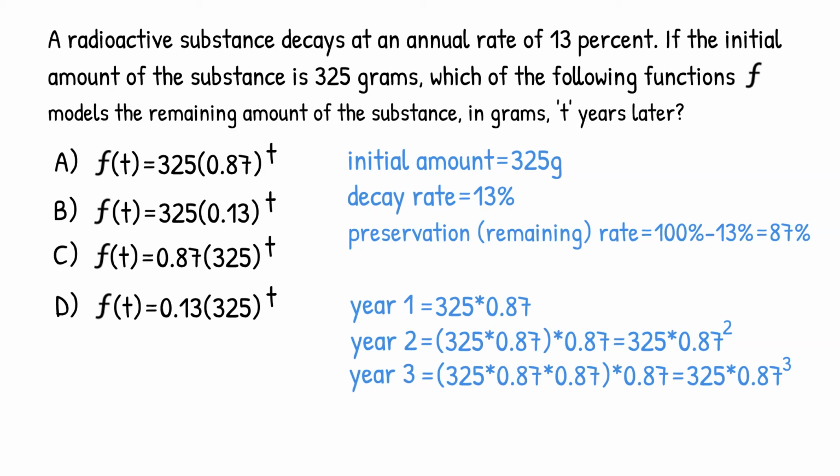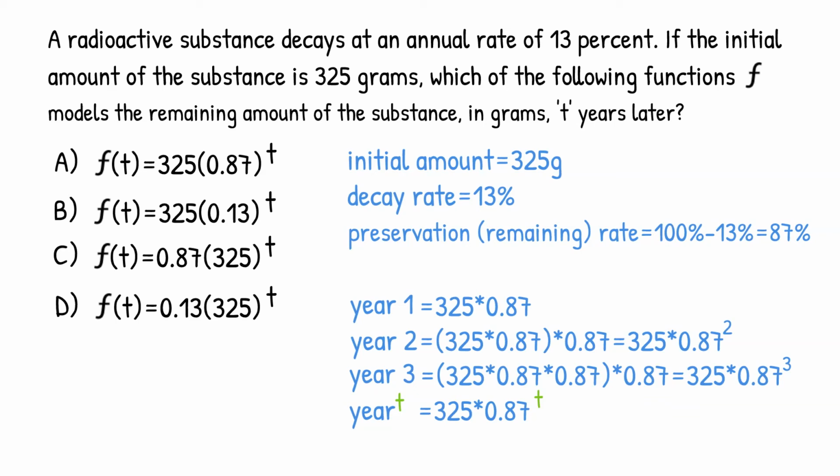In the year 3, the power is the third power. So taking note of this, we can predict that in the year t, whatever that year may be, 325 will be multiplied by the preservation rate in the power of the number of years that passed since the amount was initially deposited.